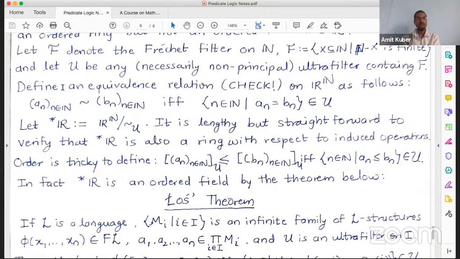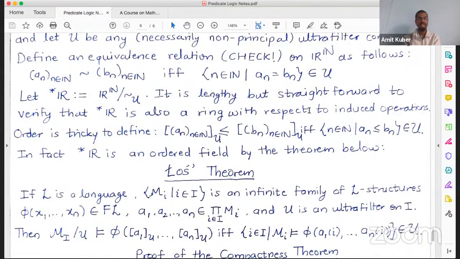Now we can define an equivalence relation on these sequences, saying that two sequences are equivalent if and only if the index set on which they agree is a large set. And now things become magical immediately.